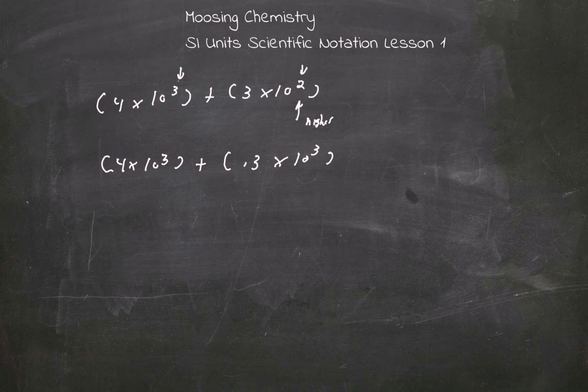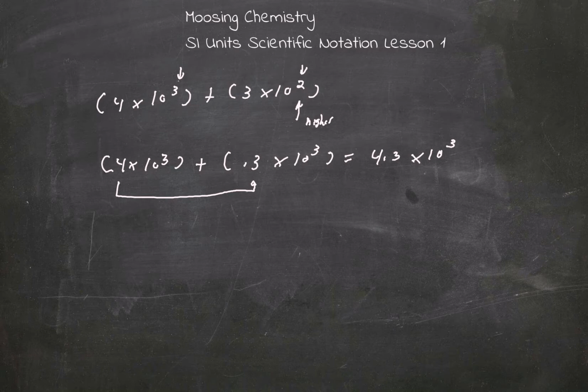And then when you add these two together, you're going to add these guys, which give me 4.3, and these guys will remain as 10 to the third. And there you go. So let us look at the next one.